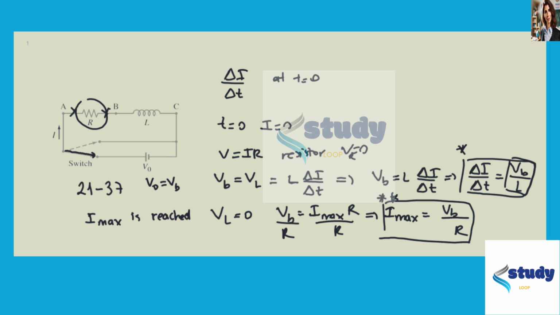Now, we are asked to calculate the time interval it takes for the current to go from its initial value, at this rate, to the maximum value. How are we going to set up that equation? I max is equal to the initial value, I naught, plus the rate delta I over delta T times the elapsed time, the time it takes for the current to reach I maximum.